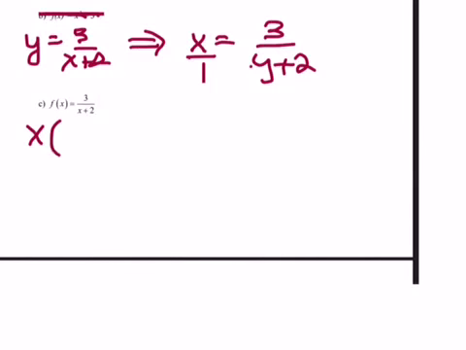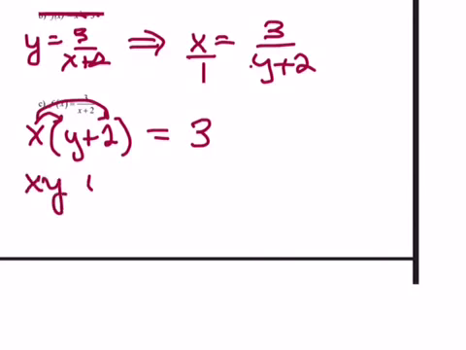So that's going to become x times y plus 2 if I do my cross multiplication, and 3 times 1, which is 3. So again, to get y by itself, I'm going to go ahead and carry through the x. So that's going to give me x times y plus 2x equals 3.